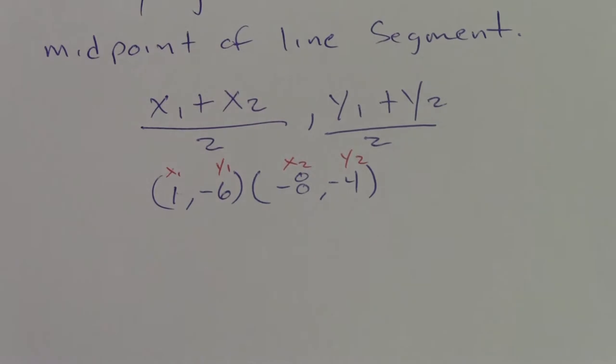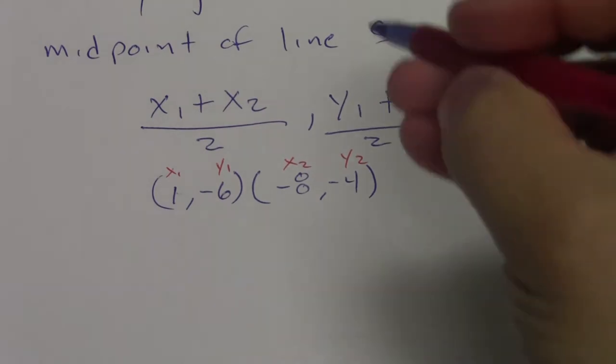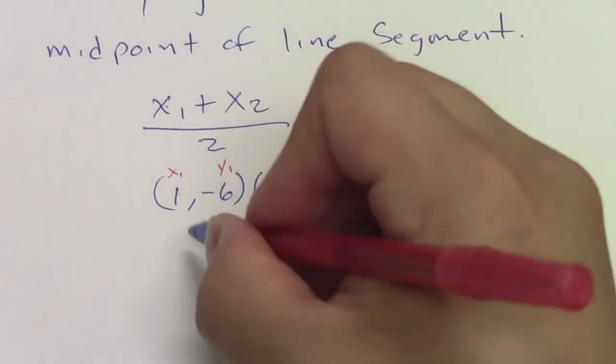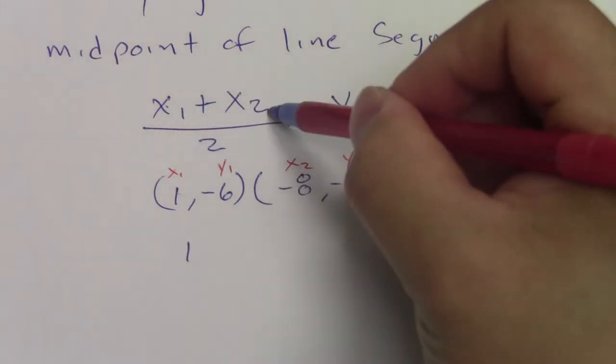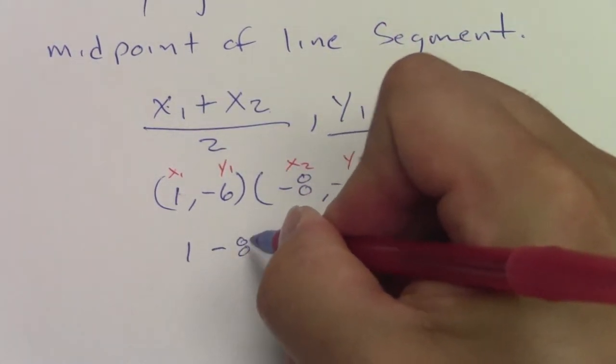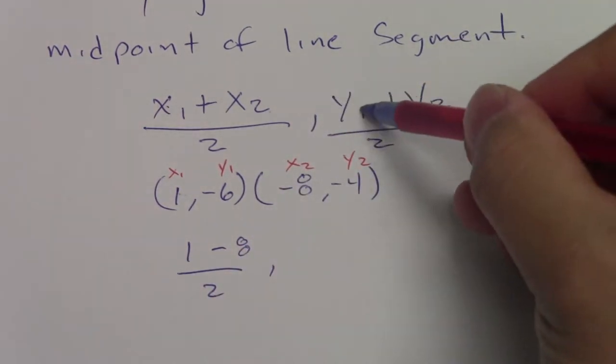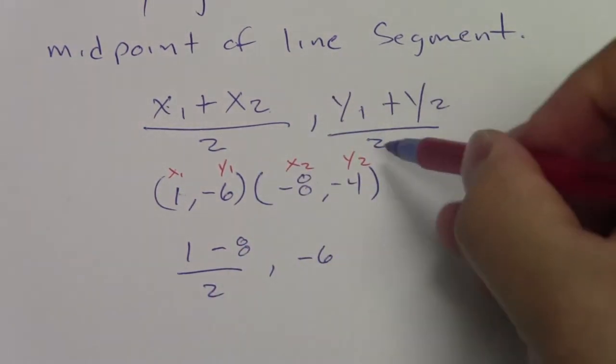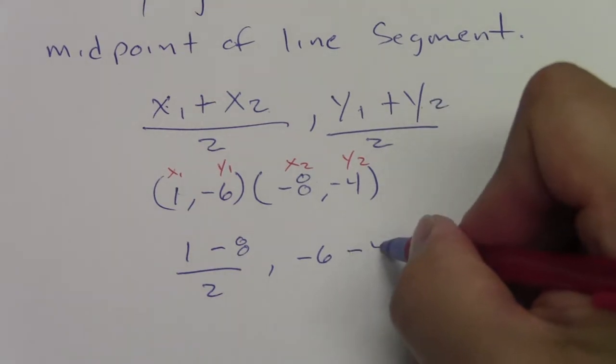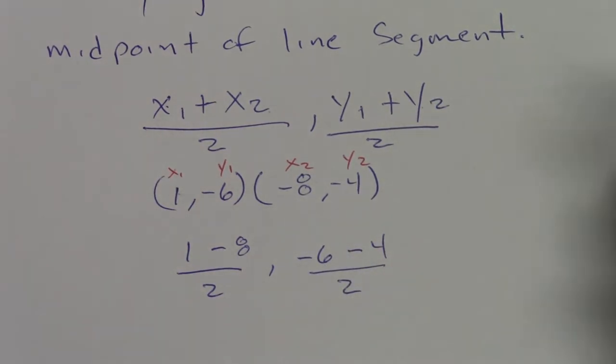That way I don't get confused. So x1: 1 plus negative 8 divided by 2, and then comma, y1: negative 6 and negative 4 over 2.